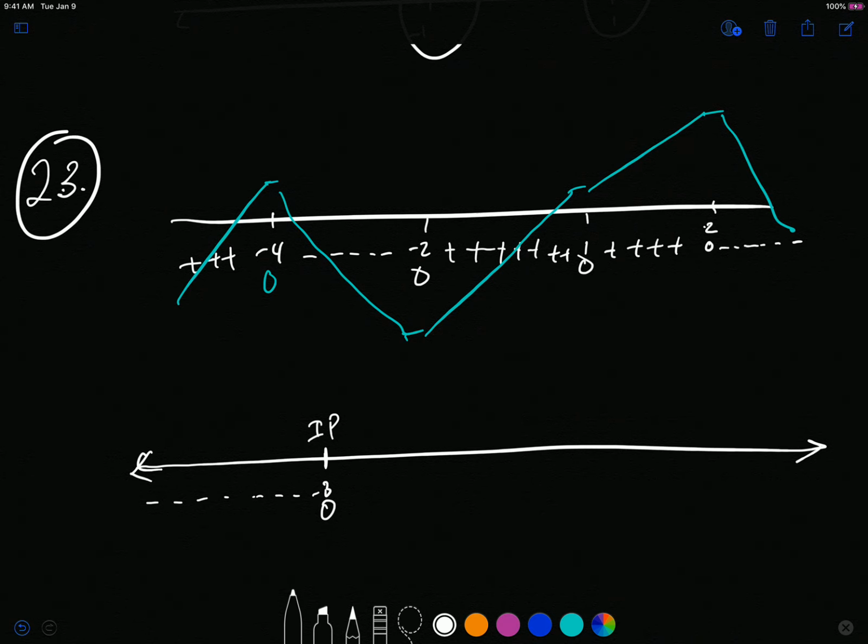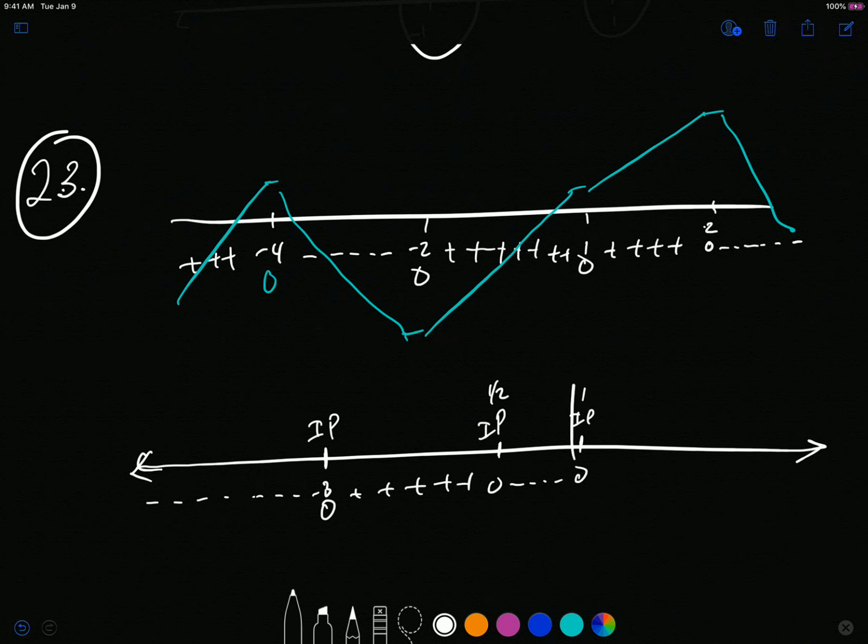So -1/2 is right around here. The graph is concave up, up, up, up, up, 0. That's the inflection point at 1/2. And then after 1/2 until 1, right here, the graph is concave down, negative, negative, negative, inflection point 1.